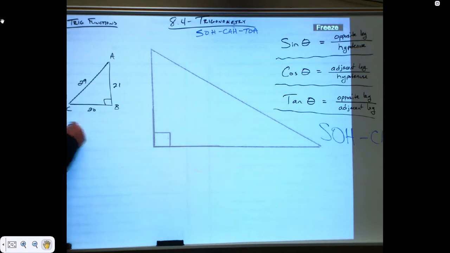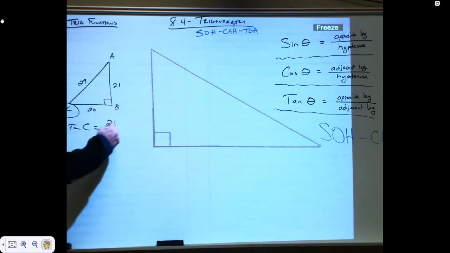They actually ask you to find the tangent of what? C. Okay, tangent is what? Opposite leg over adjacent leg. We're talking with respect to this angle, are we not? What is the opposite leg, over what's the adjacent leg? Will that reduce any?